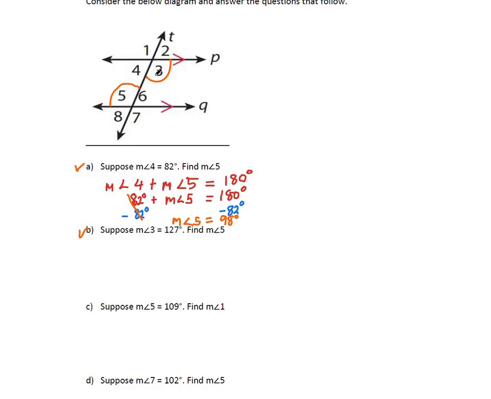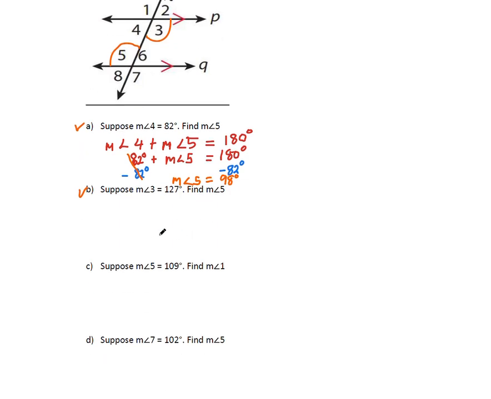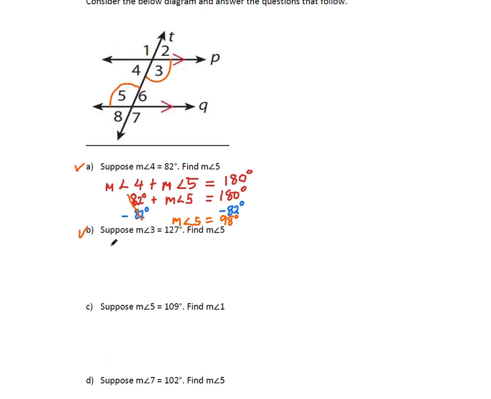Alternate because they are on opposite sides of the transversal, but interior because they are inside of or within the two parallel lines P and Q.